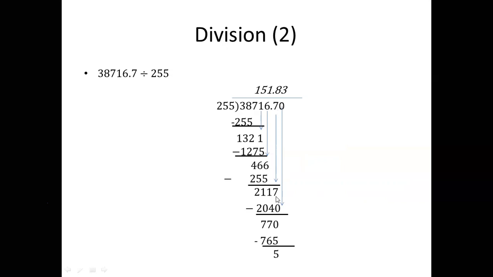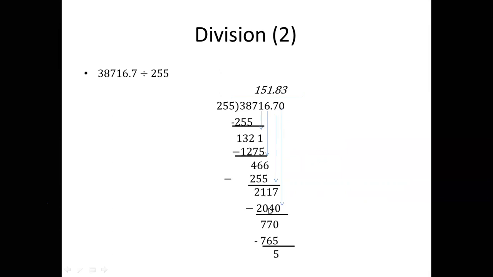We bring down 7. All right. Now we can see that when we are bringing down this 7, it's now after the decimal point. So we can align our decimal points here. We have our dot, and then 255 into 2117, it will get 8 times. We multiply 8 times 255, we get 2040.